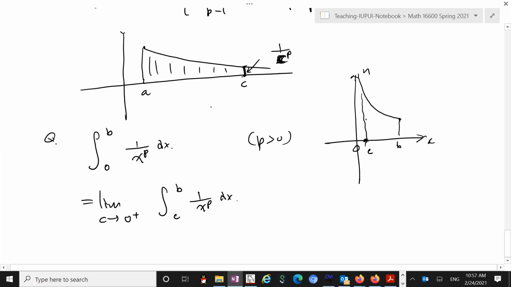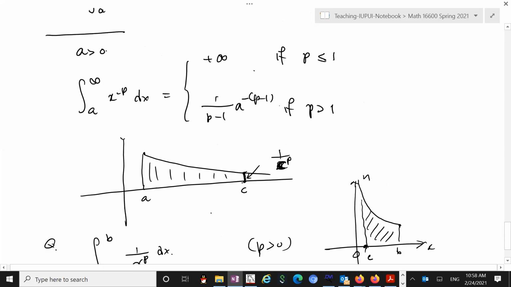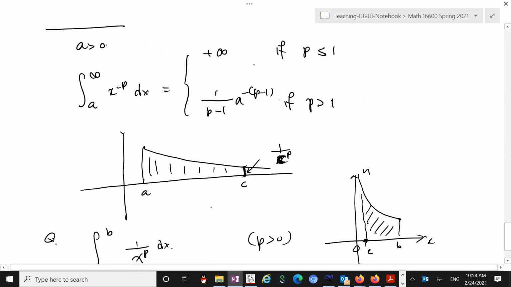On the left-hand side of this interval, the height of the graph is getting larger and larger, so we don't know whether this includes a finite area. Do we have the same result? We probably have a similar result, but it goes the opposite way. If p is less than 1, it has finite area. If p is greater than or equal to 1, this has an infinite area.